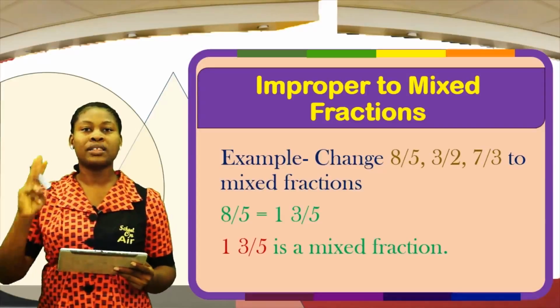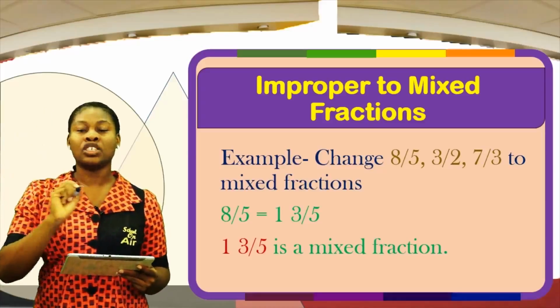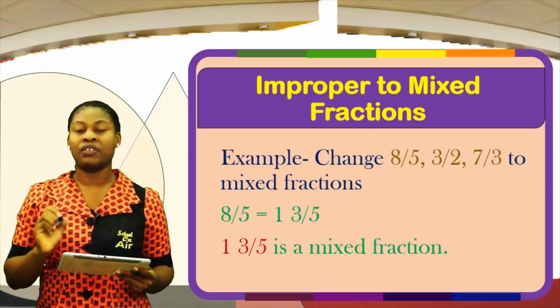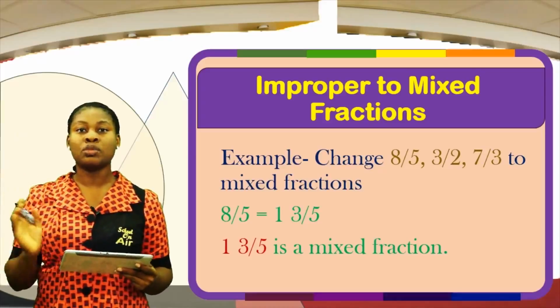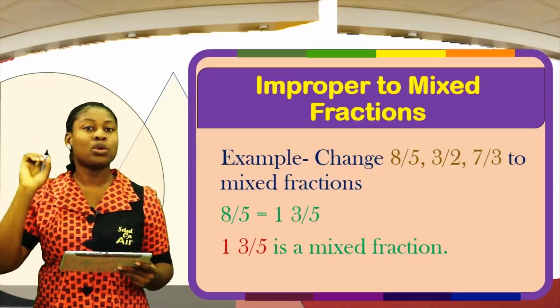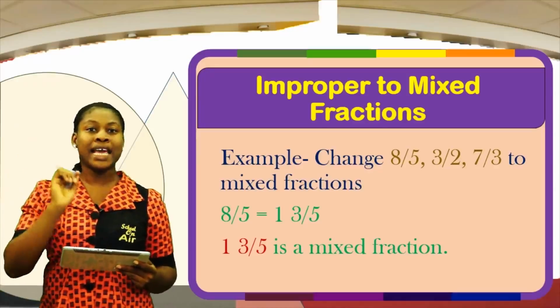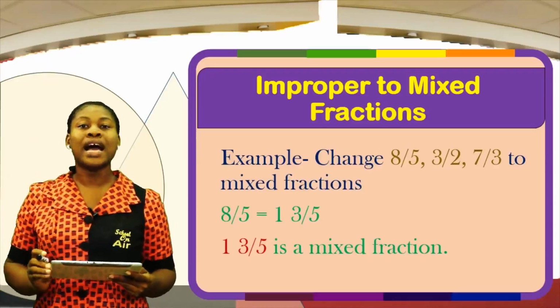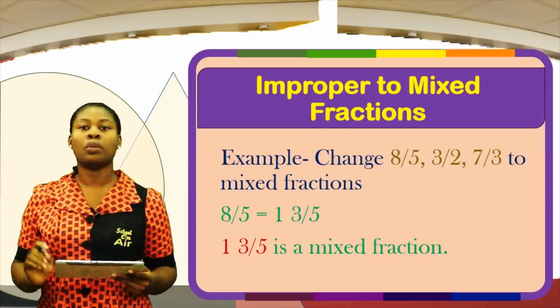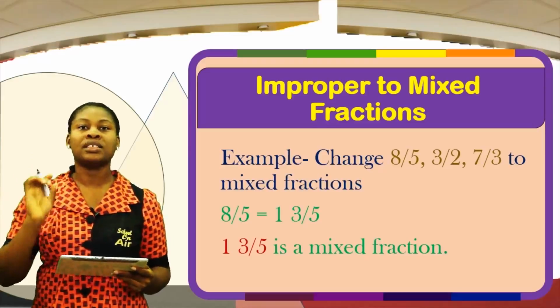So the remainder 3 will now be up while our denominator is 5. You can see that we have changed it to a mixed fraction and our numerator is now smaller than our denominator. Unlike 8 over 5, we'll now have one whole number 3 over 5, which is a mixed fraction.